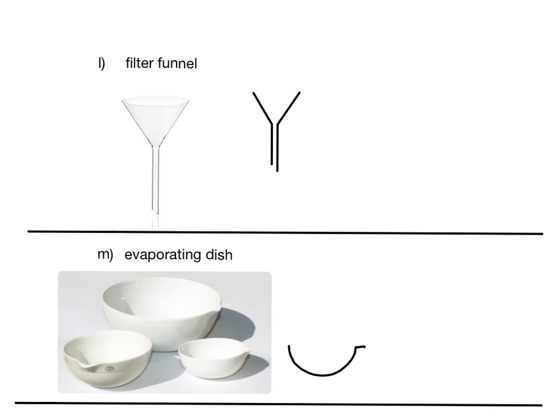Okay, filter funnel. So filter funnel in Chinese basically means 漏斗. Okay, so how do we draw this? Very simple. Again, ruler. Basically all the lines here are straight lines. The only thing you have to pay attention to is that for the filter funnel here, one of the lines in the bottom part is longer than the other one.